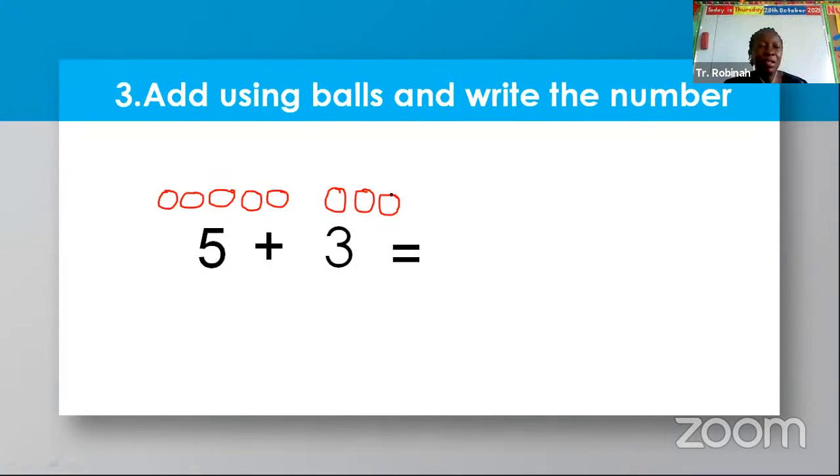Now, Rich, count the balls and tell us which number am I going to write here? 1, 2, 3, 4, 5, 6, 7, 8. Very good. Thank you, Rich. So we write our number 8 there.